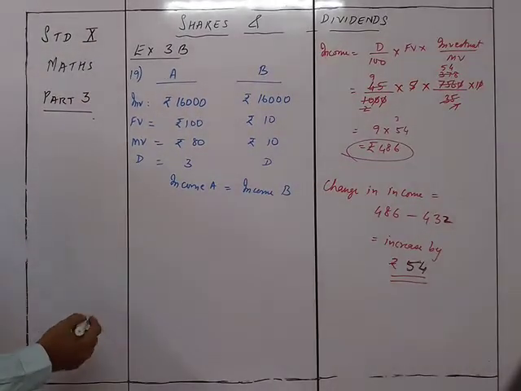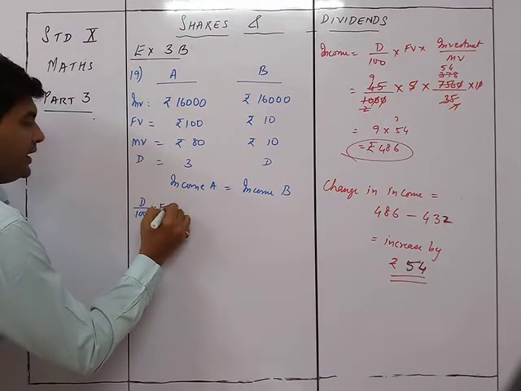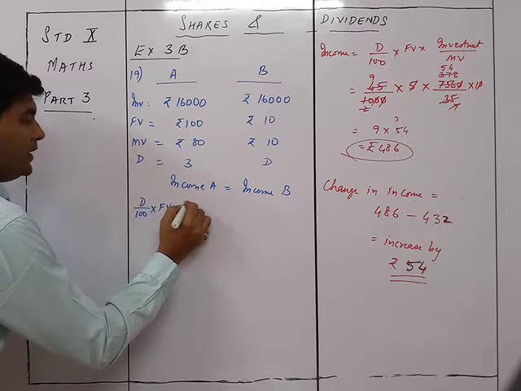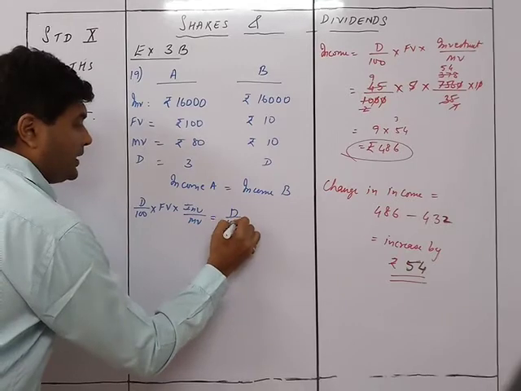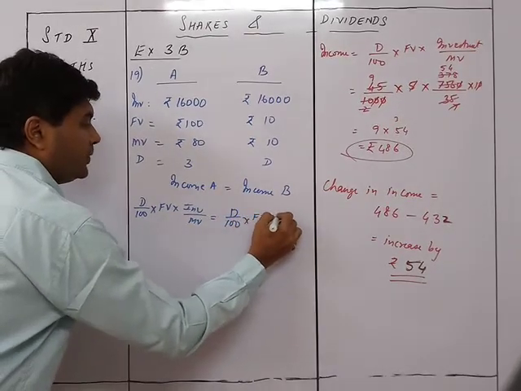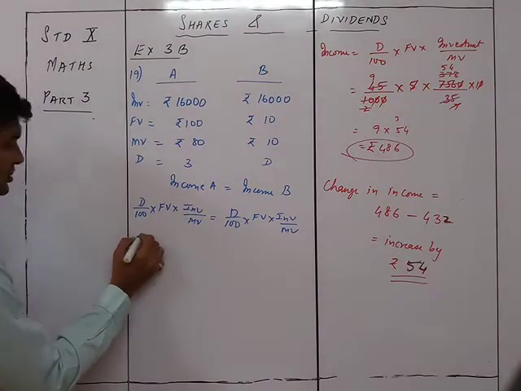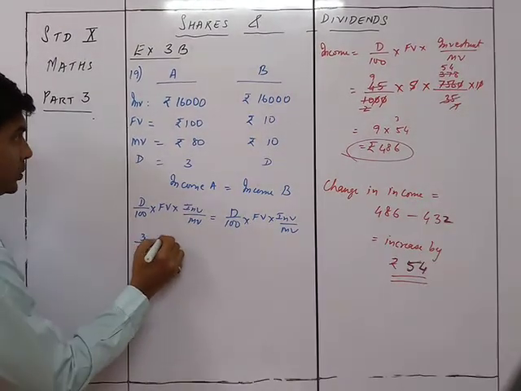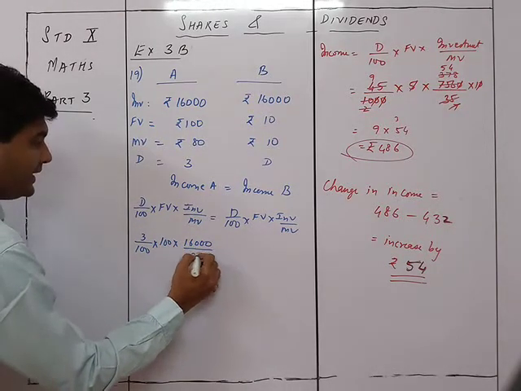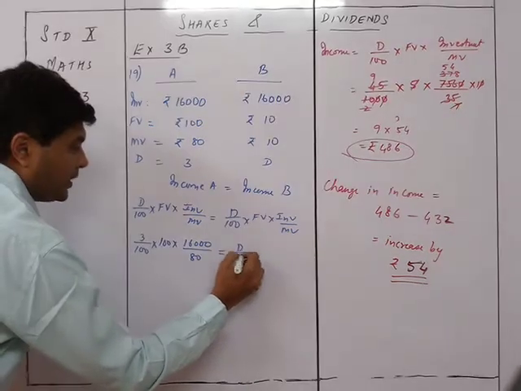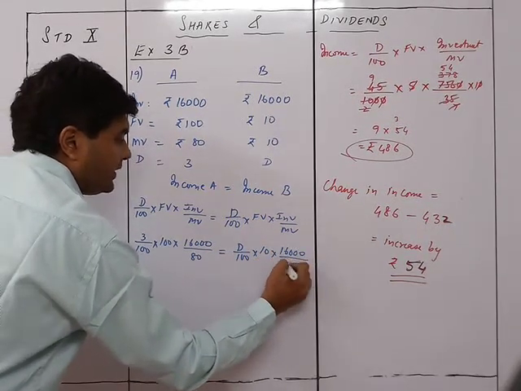So let's put the formula directly over here. We have D upon 100 into FV into investment upon MV is equal to D upon 100 into FV into investment upon MV. Put the values: 3 upon 100 into 100 into 16000 upon 80 is equal to D upon 100 into 10 into 16000 upon 10.